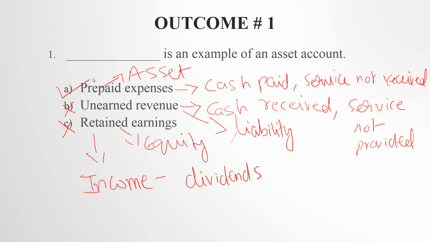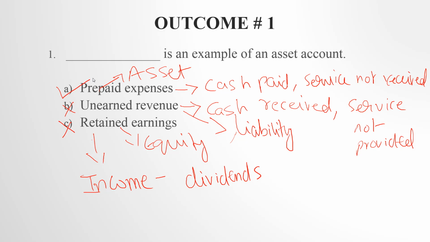At the end of that month, you would have used that apartment, and prepaid expense will be expensed on your income statement, and this asset will be eliminated. Notice that your prepaid expense, which is an asset to you, represents an unearned revenue for your landlord.